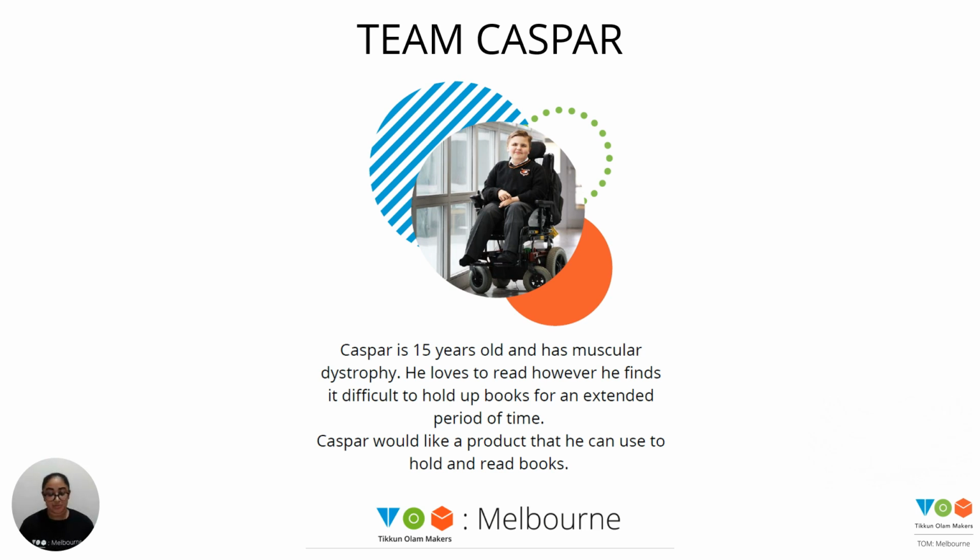It's our muscles that keep us stronger, and when you slowly lose some of your muscle, it becomes more tiresome to do things like hold a book for a long time. That's exactly the case with Casper. He loves to read. However, he finds it difficult to hold up a book for an extended period of time. So Casper's challenge for you is, can you create a product that he can use to hold and read books? That's Team Casper.